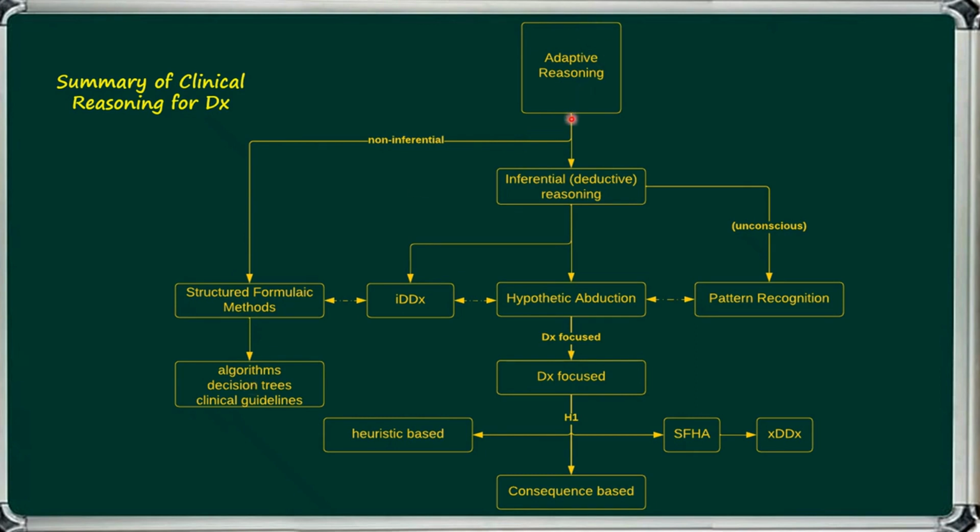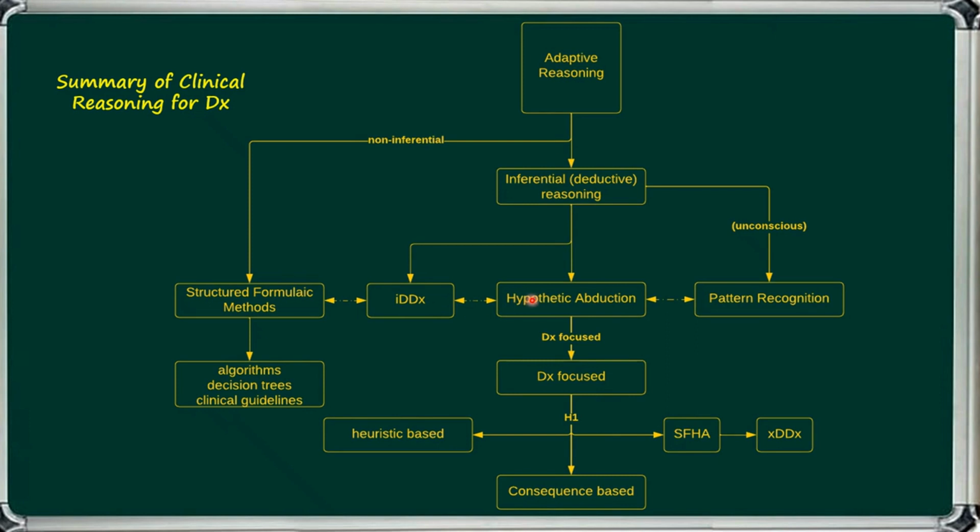The inferential includes subconscious reasoning with pattern recognition, and then hypothetico-abduction and inclusionary differential diagnosis. Now, all of these can be used together, placed upon each other, under each other, next to each other, but they can all be used in the same patient assessment.